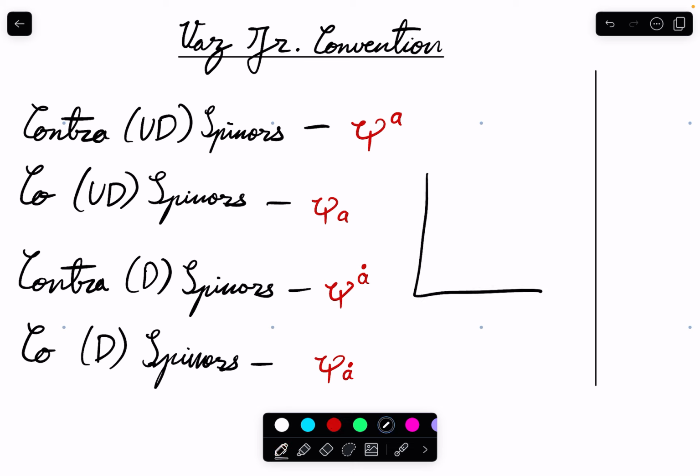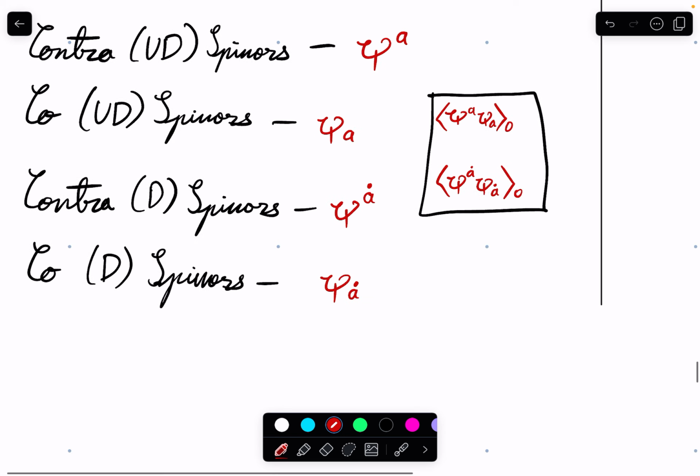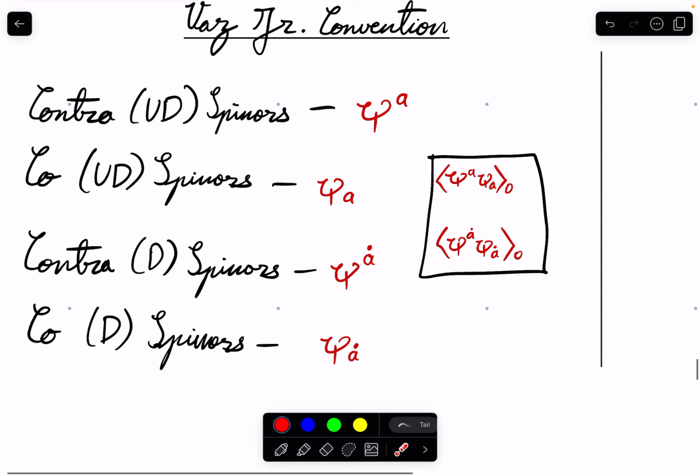And the key thing is that if you have a spinor that is contravariant, you need to consider products like this, or products that look like this. And you can see that there are two definitions: they both have to be either undotted or dotted.